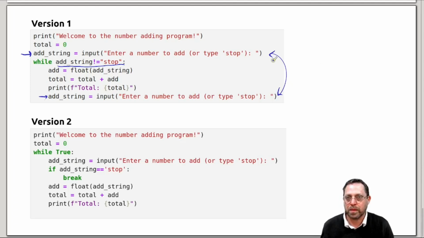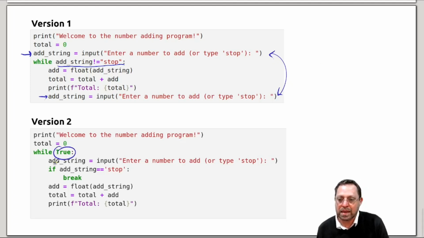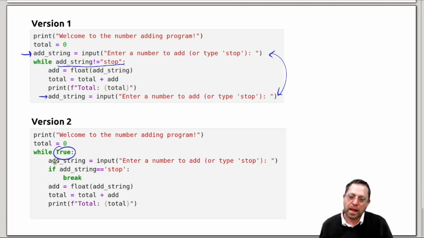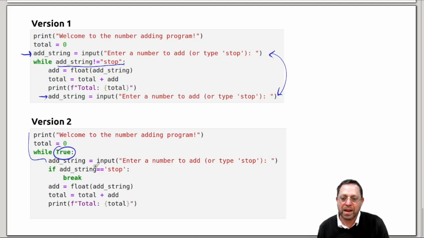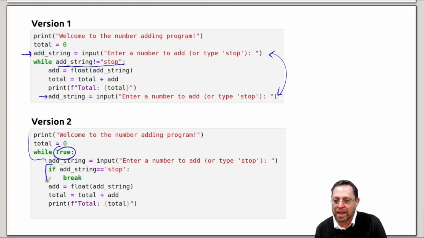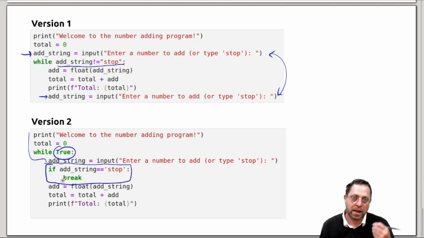Now, when we set the condition to true, that's essentially like leaving the door open so that the code can enter the loop for free. And then once we're inside the loop, we can query the user. And then we add this clause, which is checking whether the user has entered stop, and if so, break out of the while loop.